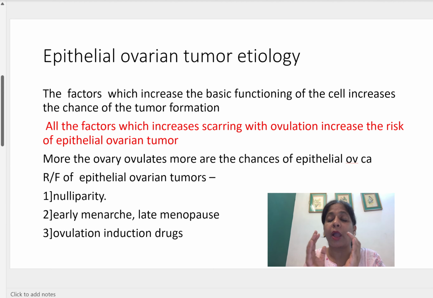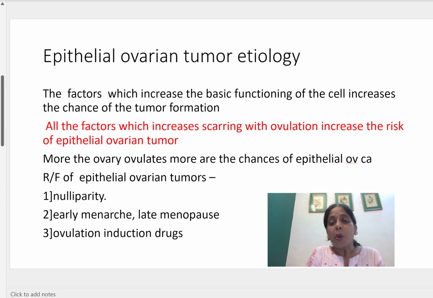One concept you have to make if you want to understand tumor etiology: all those factors which increase the basic functioning of that cell increase the chance of tumor formation. So all factors increasing the basic functioning of the epithelium will increase the chance of epithelial ovarian tumor. So let's see what the function of the epithelium of the ovary is.